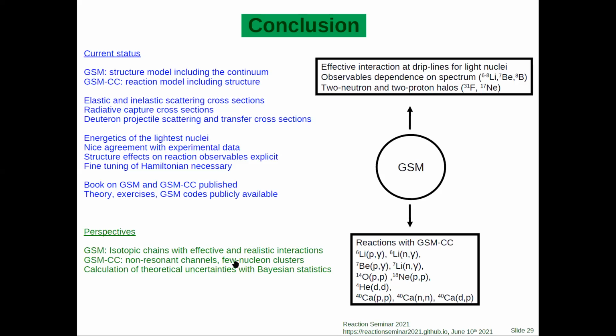We could also consider the effect of non-resonant channels, because for the moment you can only include resonant targets, but we saw that in some applications it's not sufficient, so it can be studied. And also we would like to calculate theoretical uncertainties of the fitted parameters with Bayesian statistics, especially for the FHT interaction.